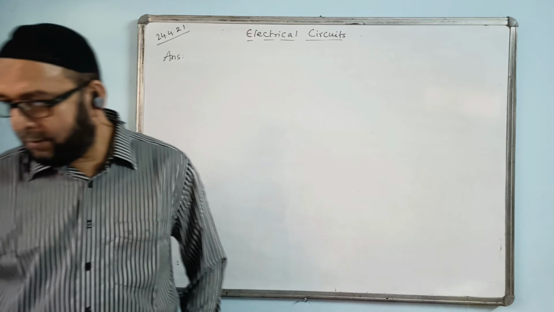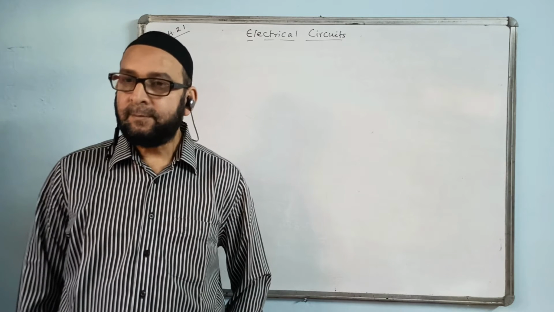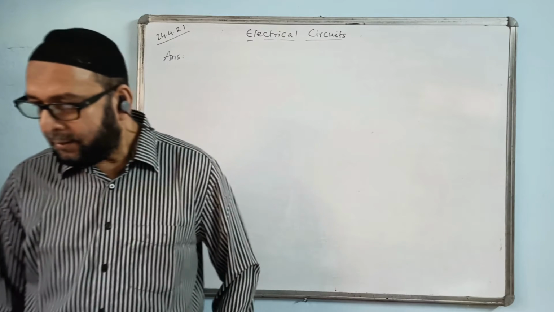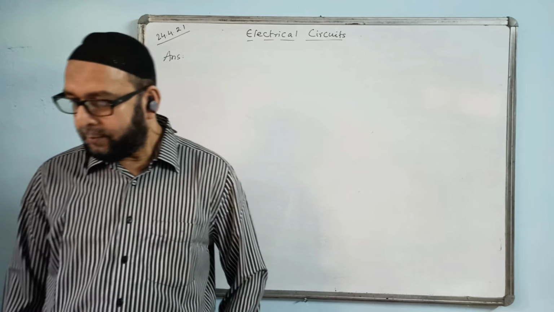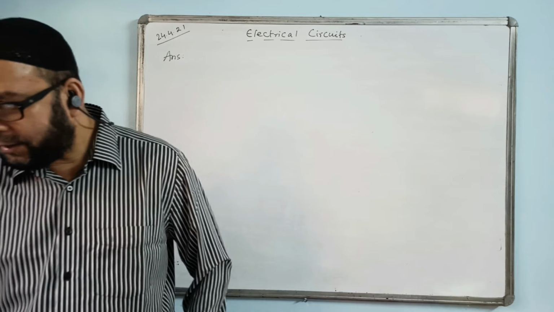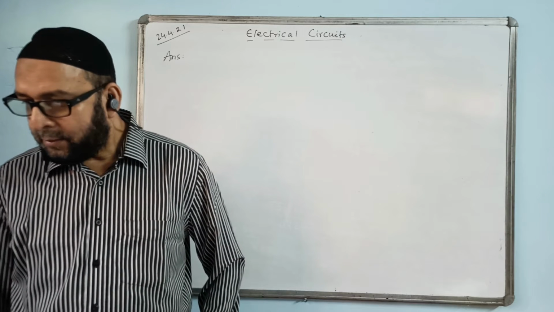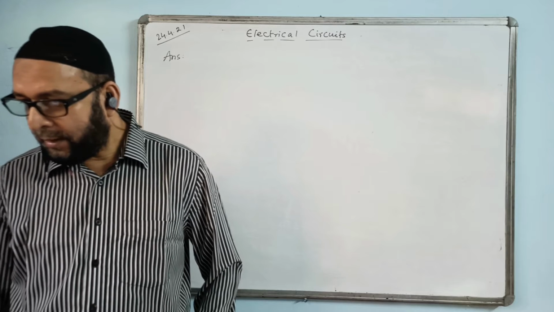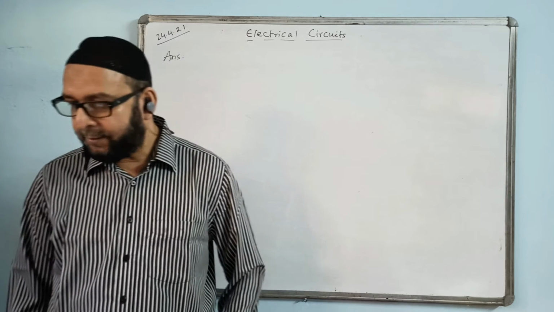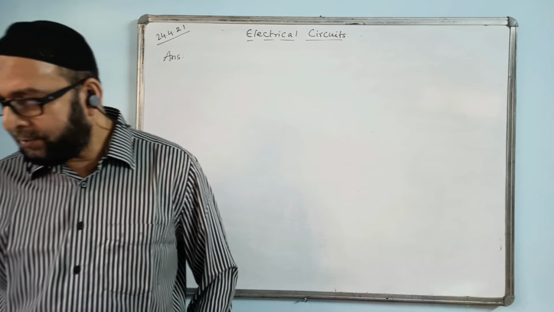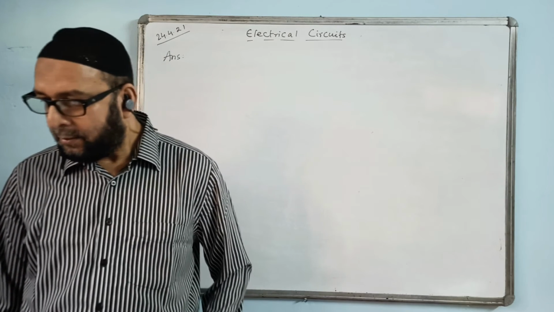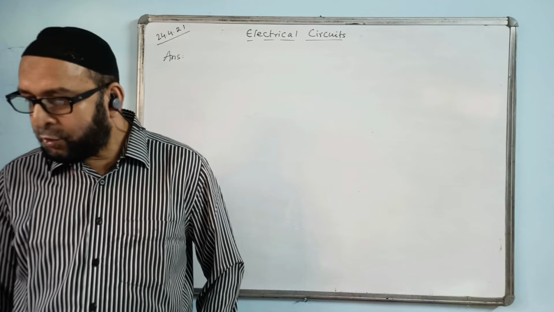Two cells having EMFs 1.0 volt and 1.5 volt and internal resistance 0.4 ohm and 1.2 ohm respectively are joined as shown in the figure below.